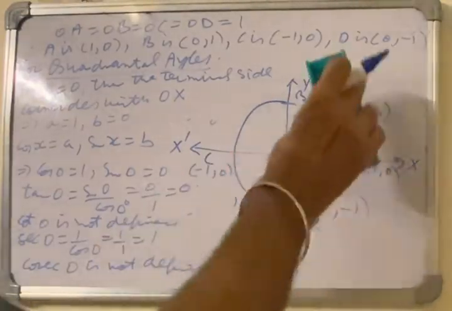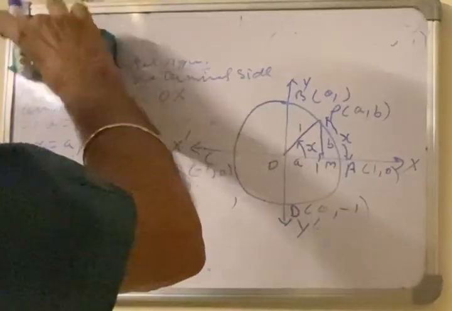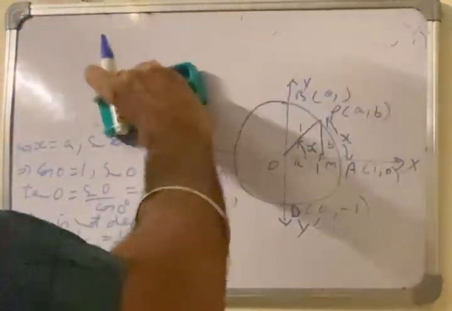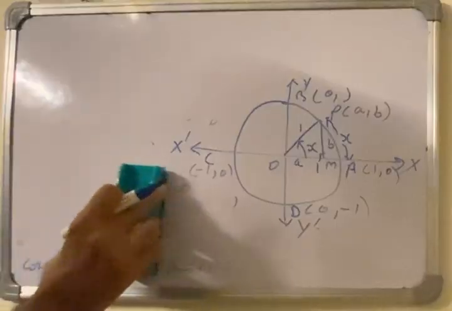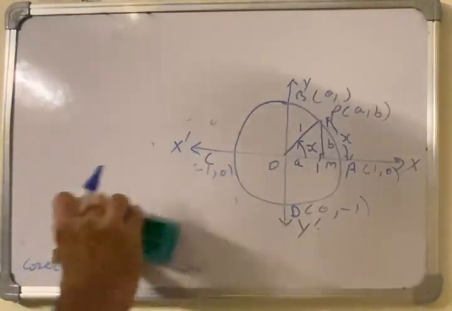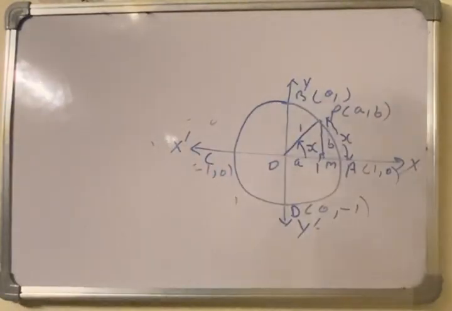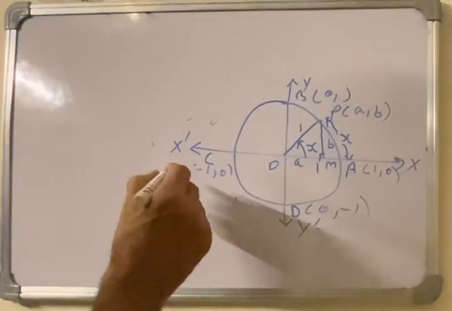Then this is for this. After that, we take x is equal to pi by 2. You know angle AOB is pi by 2.